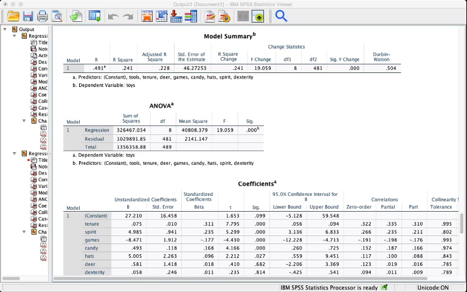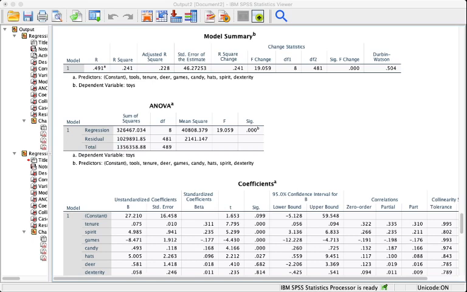And this next table down essentially is just telling us the significance of the model. Sometimes these change statistics will be different.